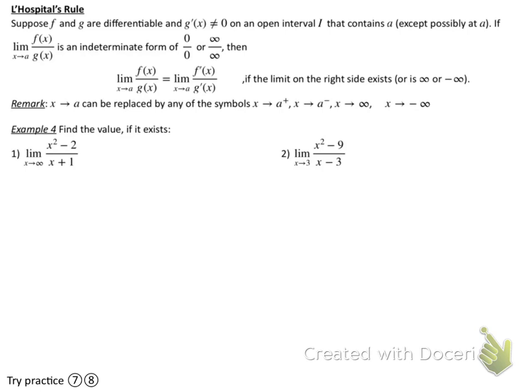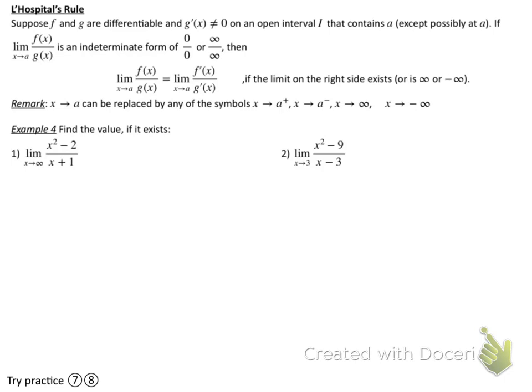First of all, remember it only works with indeterminate forms. Before you start differentiating, you need to know that you have 0 over 0 or infinity over infinity, because that is the reason you can use L'Hopital's rule. Otherwise, you can't.